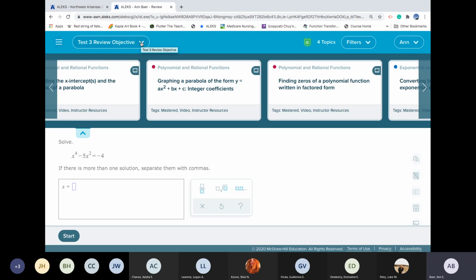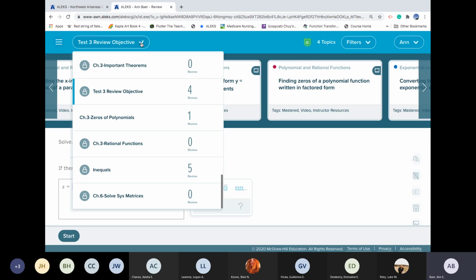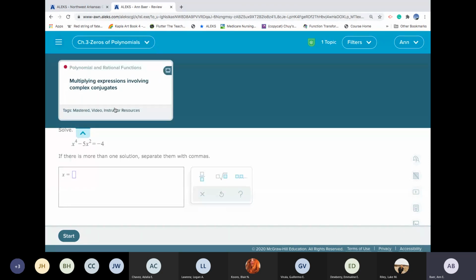Now, if you want to go back up here and click on something else to see which one you can review, in this objective, zeros of polynomials, you can click on that, and that would be multiplying expressions involving complex conjugates. So that's how that works.